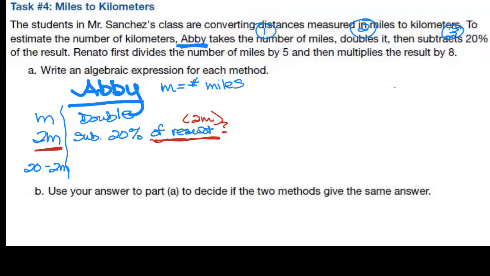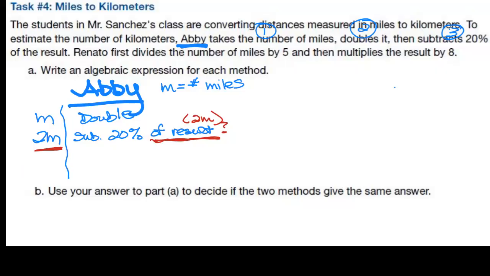I see some heads shaking. Wait, what? Okay, so you had 2M. It says you are going to subtract from that 2M 20% of the result. I probably said way too much right there. What's that going to look like?